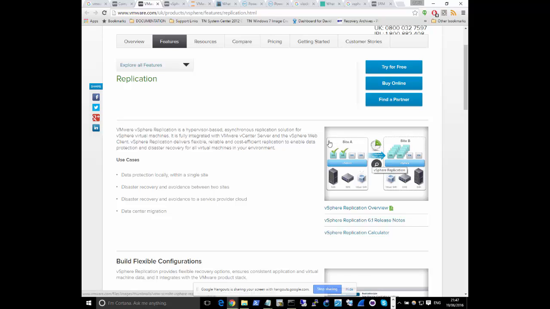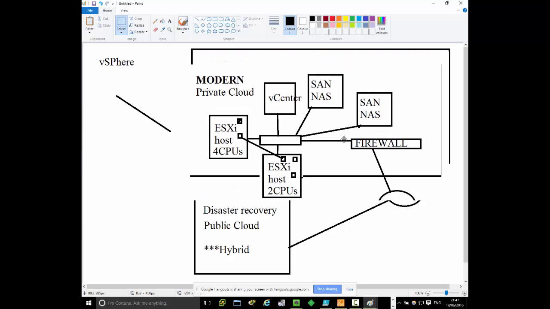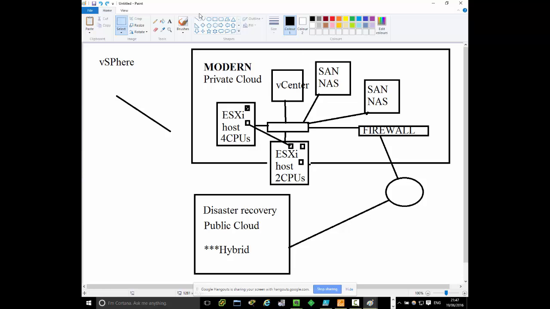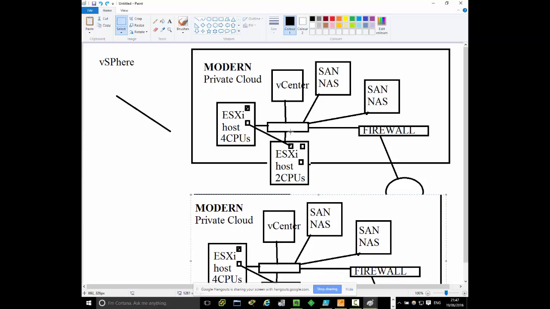Basically you're replicating. Just think about it: you have your vSphere infrastructure here, and you have a separate site with almost a similar setup reproduced there.